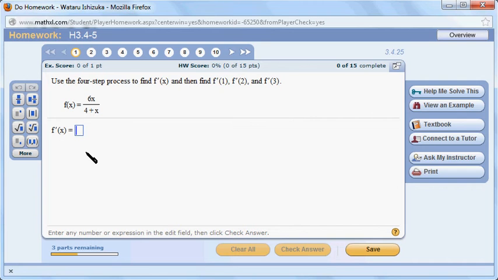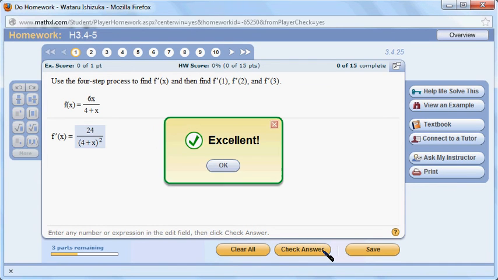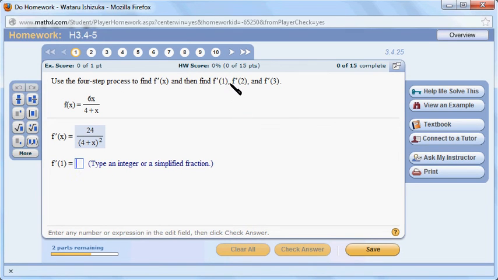Okay, so we just have to type in 24 over quantity 4 plus x raised to the second power, squared. All right, let's check. Got that. Then after that, all you have to do is plug in x equals 1, x equals 2, x equals 3.